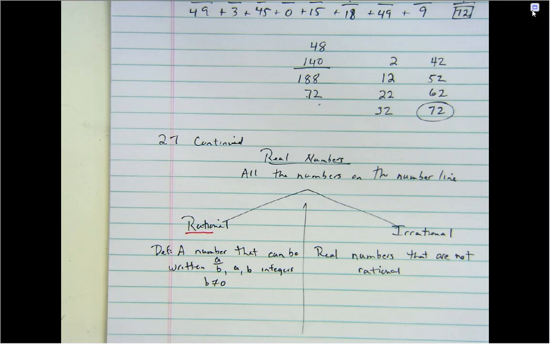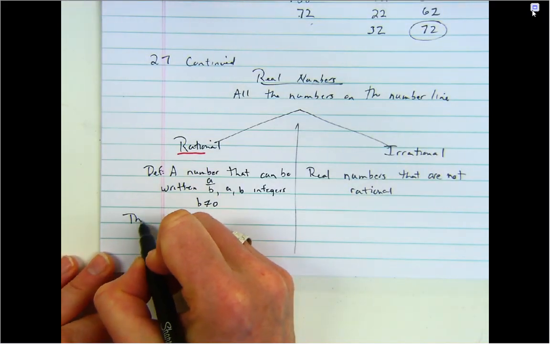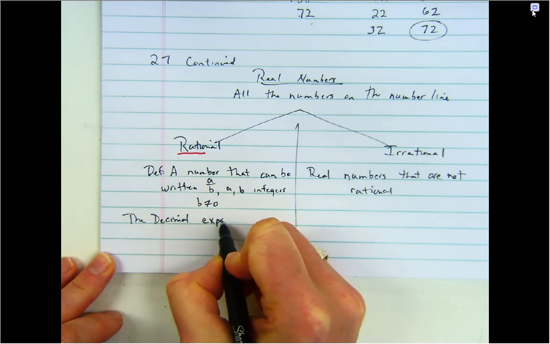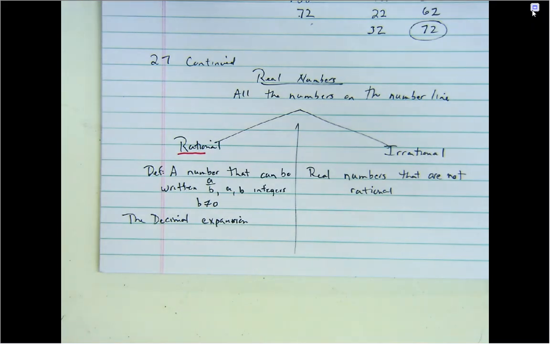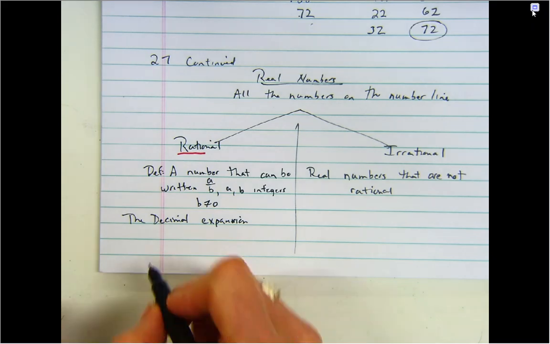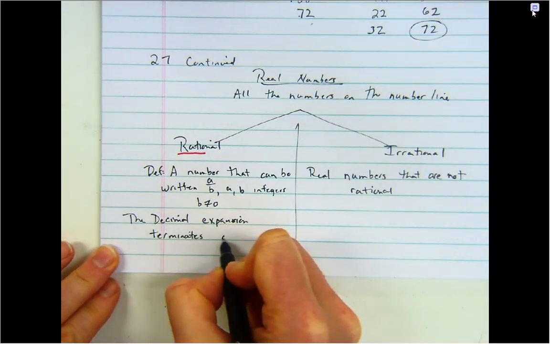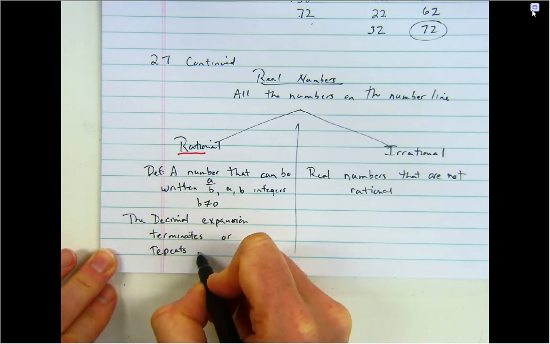Well, we had our definition, but then we had examples. So the decimal expansion. The decimal expansion of rational numbers had one of two characteristics. Does anybody remember what the two characteristics could be for a rational number? Yes. Terminates or repeats on the right. Wonderful. Terminates or repeats on the right.